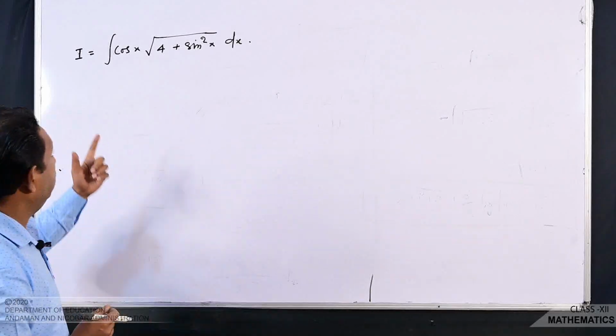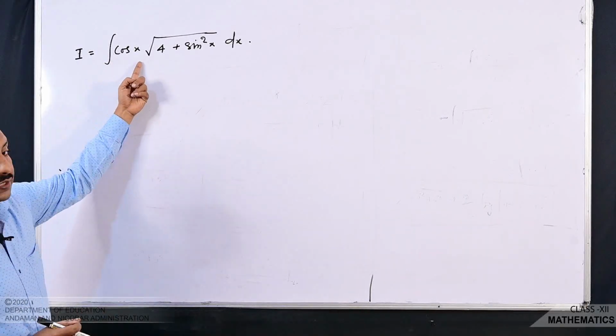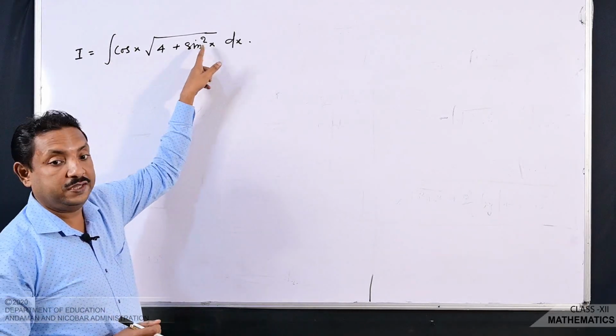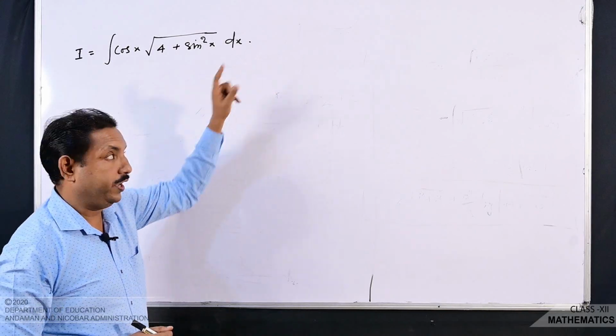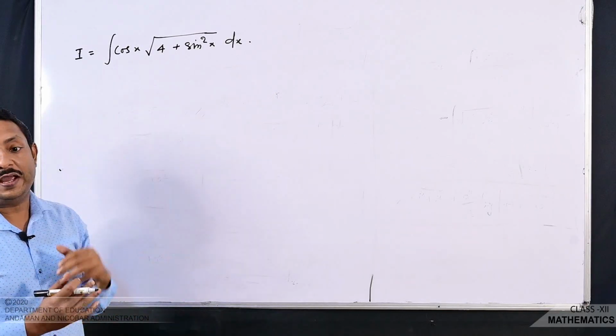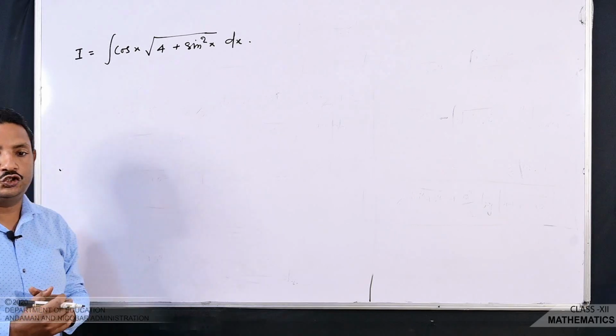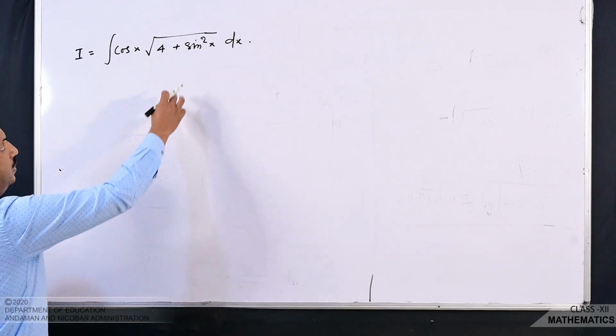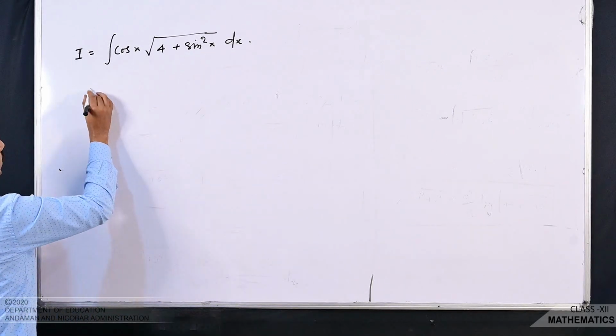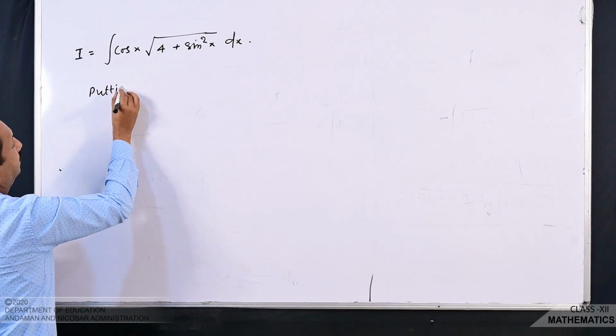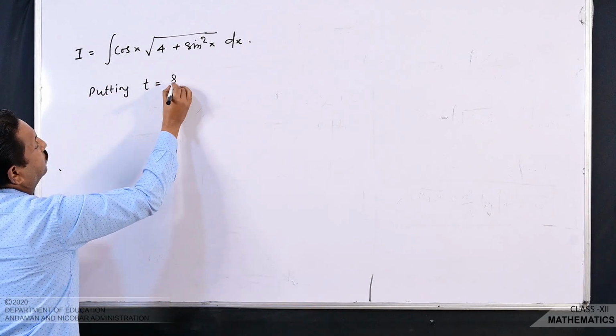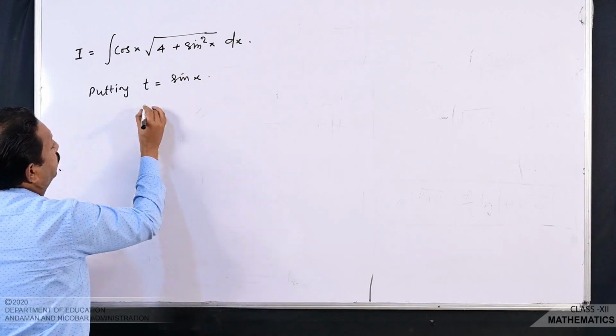Now look at this problem, that is the integration of cos x under root of 4 plus sin square x dx. Okay. Now this we can simply solve by the substitution method. Let us put sin x as t, that is t equals sin of x. That means your dt is what?